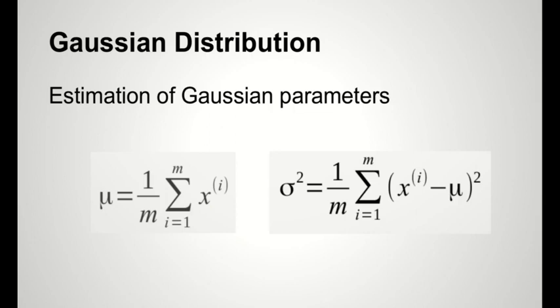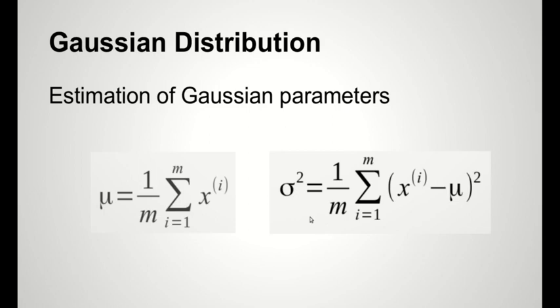the variance. So the variance will be the sum of all the differences between the observation and the mean, and this is squared so that the values will always be positive. And then we divide everything that we sum by the number of observations.